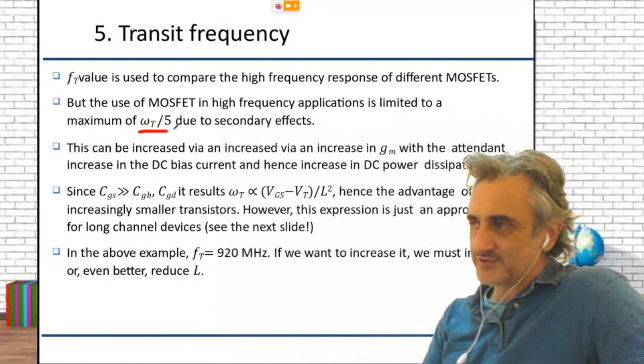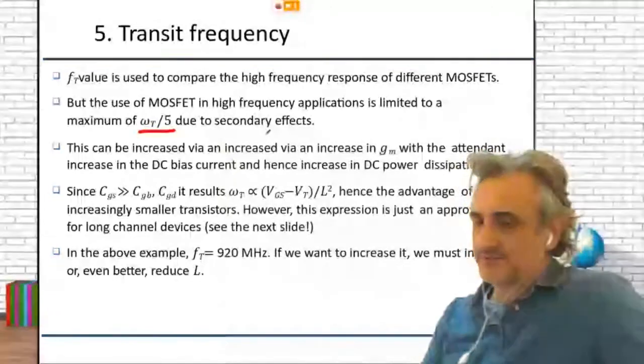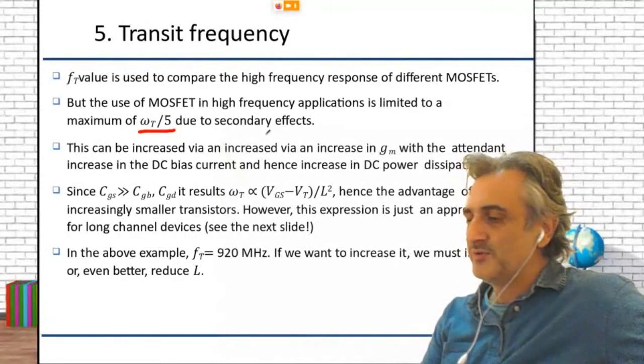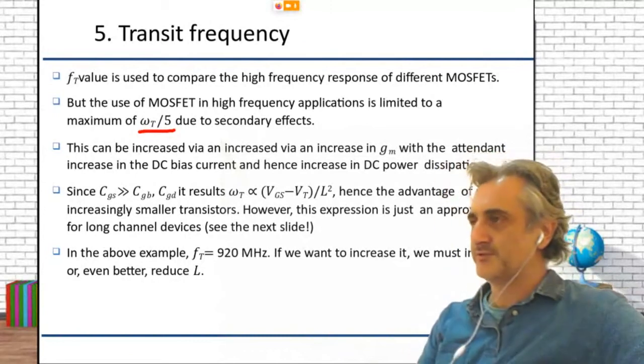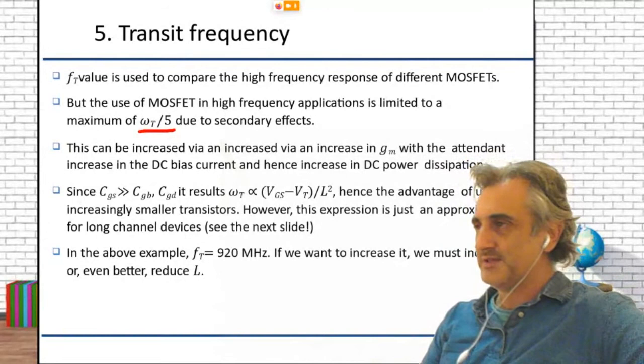The actual value is usually limited to 1/5 of this frequency. But anyway, it provides you a correct order of magnitude for this frequency. So it more or less tells you how fast your system can be.